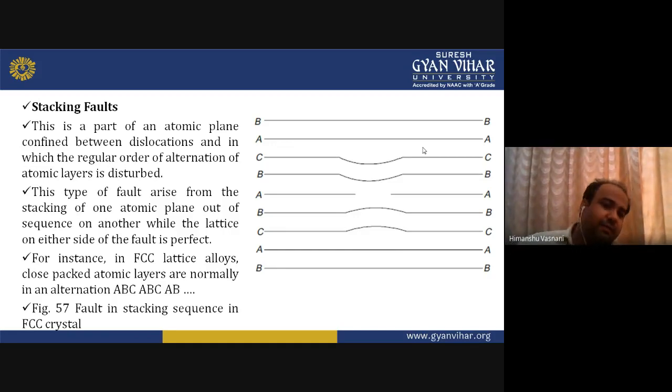This is a part of an atomic plane confined between dislocations, and in which the regular order of alternation of atomic layers is disturbed. I repeat, this is the part of an atomic plane confined between dislocations, and in which the regular order of alternation of atomic layers is disturbed.